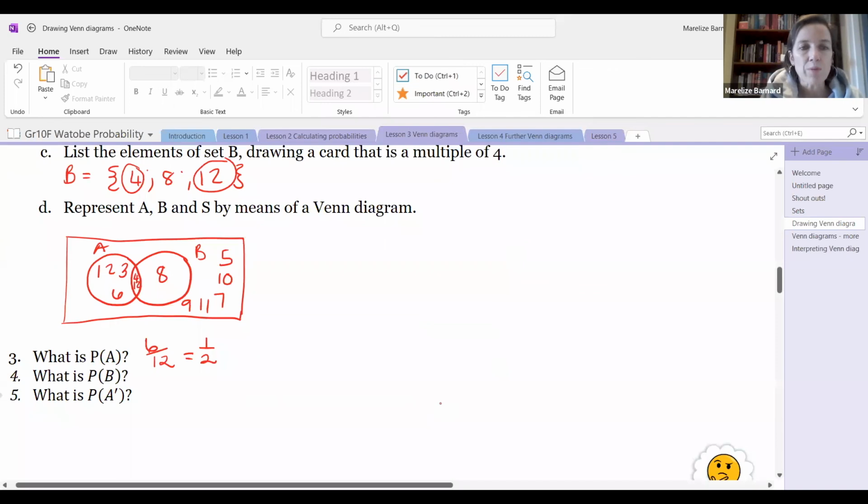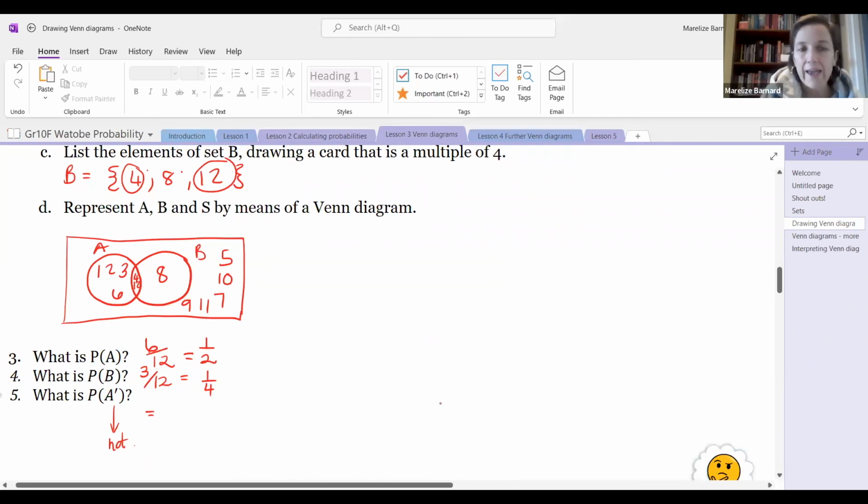We still factor that in. And then what is the probability of B? So we've got 1, 2, 3 elements in B, so 3 out of 12, and that's 1/4. And then what is the probability of not A? So that little dash sign means not. Some of you might not have seen it before, but it just means what is the probability of not getting A?